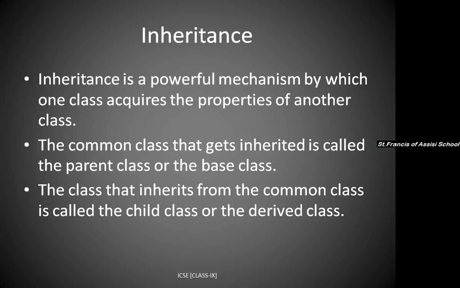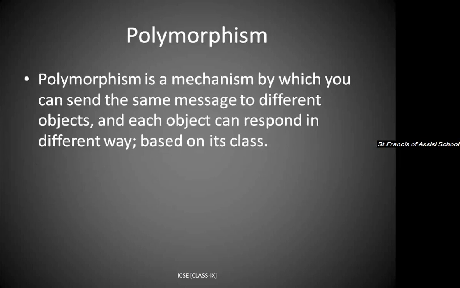The property comes from grandfather to father, and next from father to son. So here this is a chain, that is the inheritance. So property is acquired from one generation to the next generation, so acquiring the properties from one level to another level.